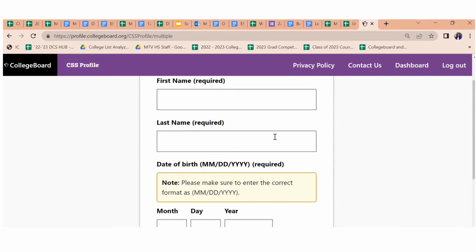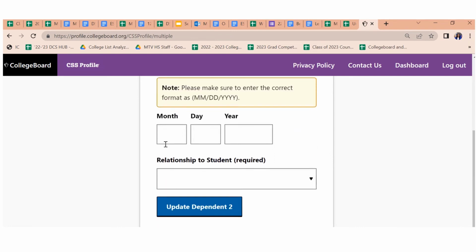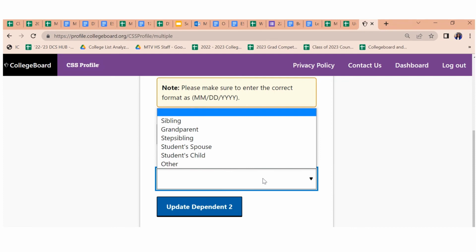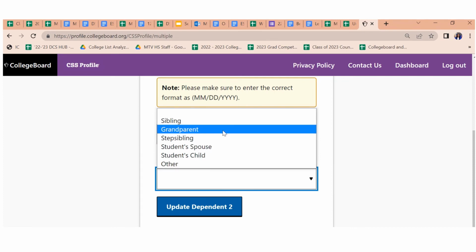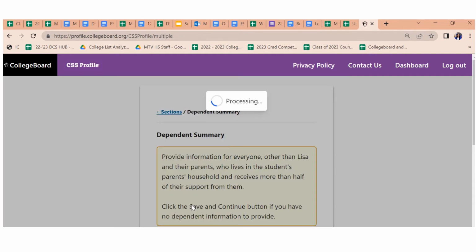So let's just say that this is a grandparent. And you would enter that grandparent's birth date, and you would indicate that that is a grandparent, and you would update that information.